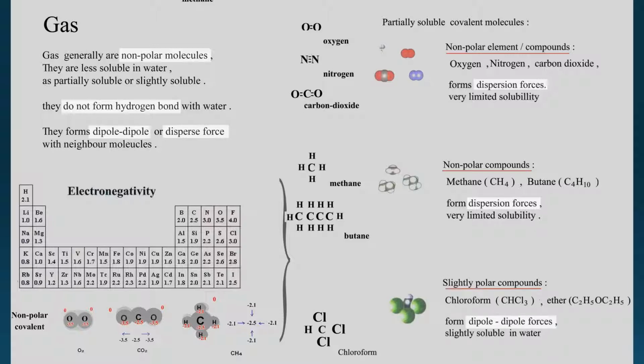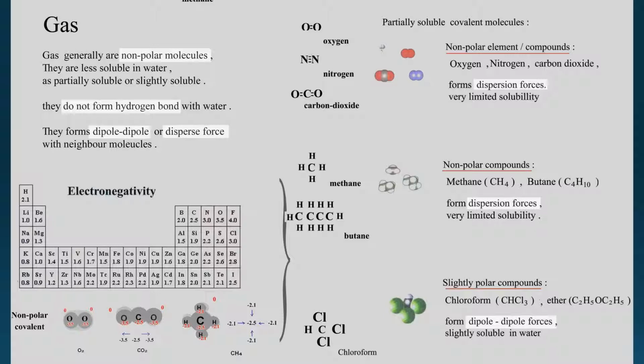Chloroform. This one will be a little bit more soluble than the earlier ones. Why? Because you have a Cl and a C. Cl is 3.0, C is 2.5, so you can see they are slightly polar. But are they soluble like the water OH type?